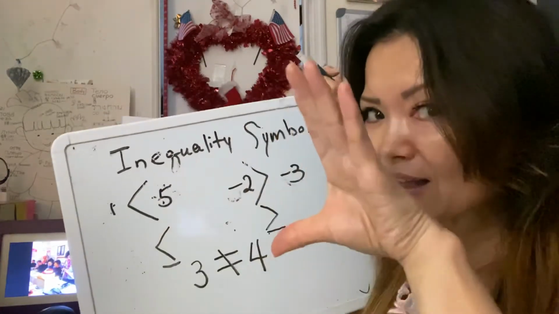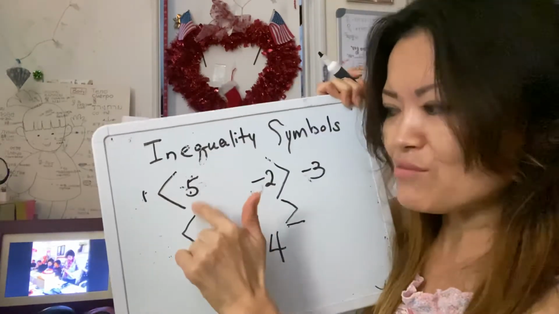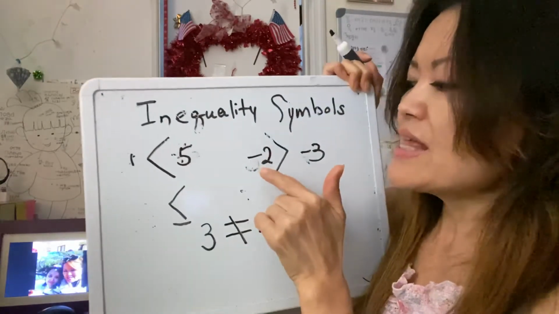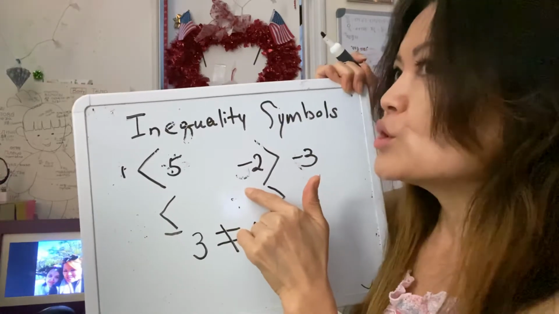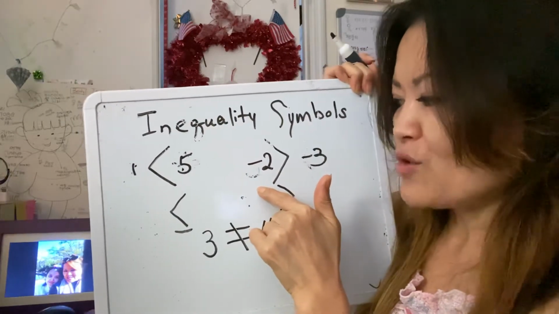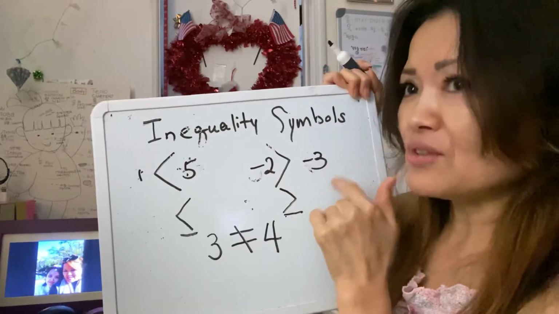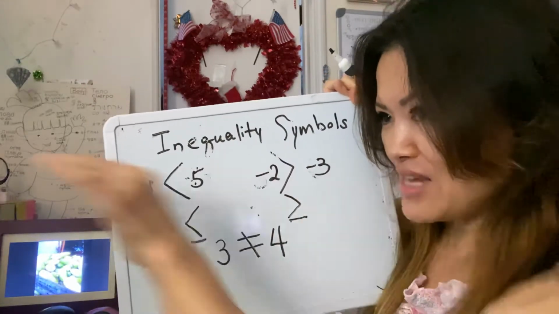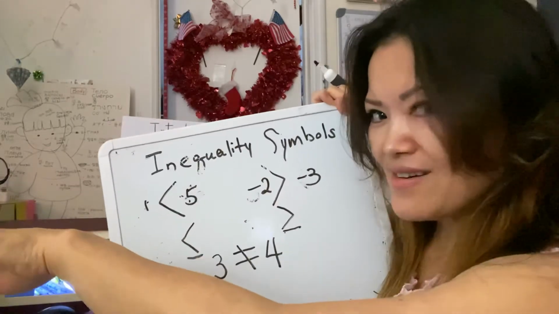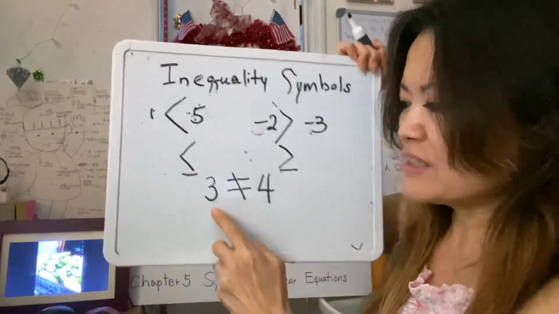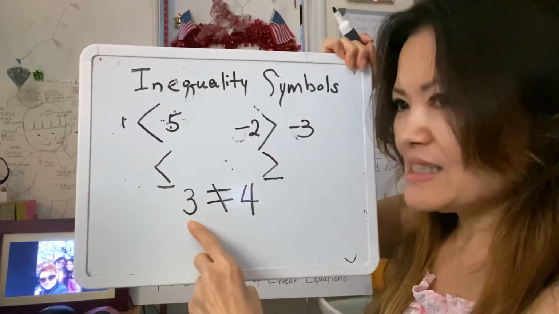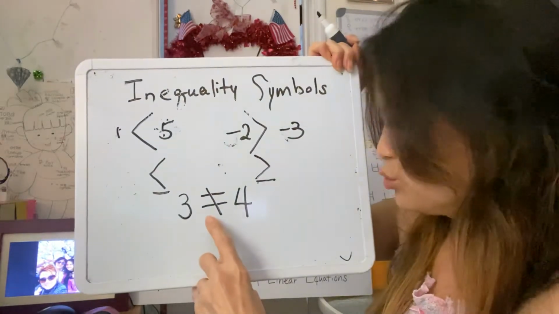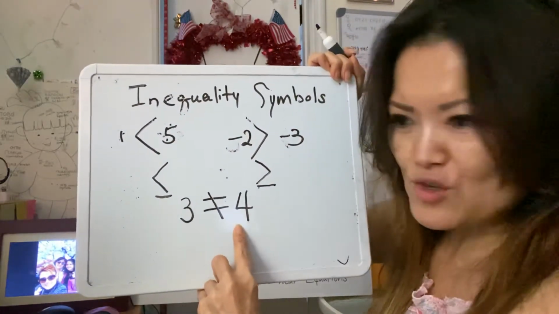And 5 is bigger than 1. -2 is greater than -3. Don't forget, negative goes to the left, so it gets smaller. And then everybody knows that 3 is not equal to 4. Good job.